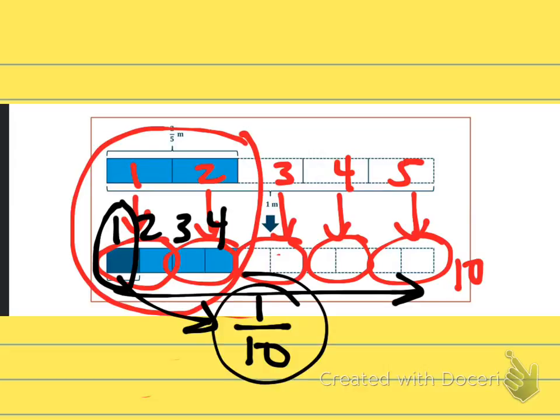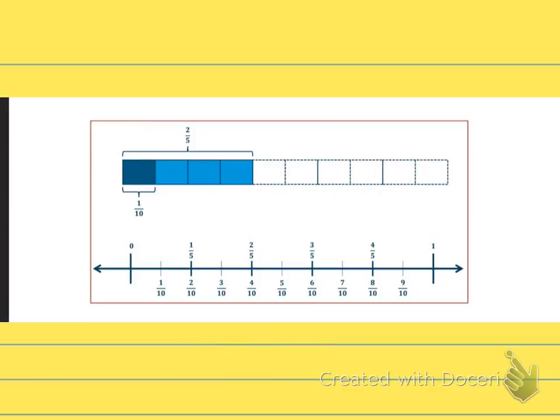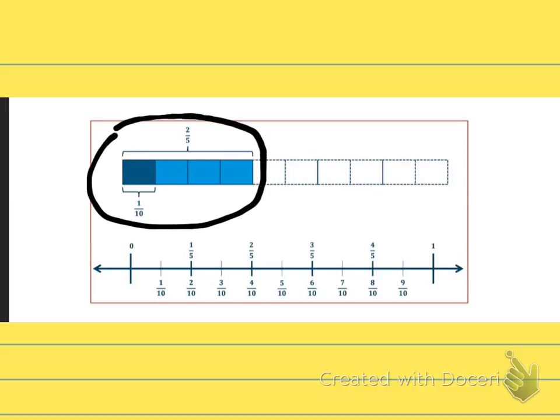So another way of looking at this, we have another visual for the same problem that will look like a number line. Okay, so we have the same thing that we talked about earlier, remember? Here it shows the 2/5, which is 4 out of 10 pieces, but then we need to know how much for each one.